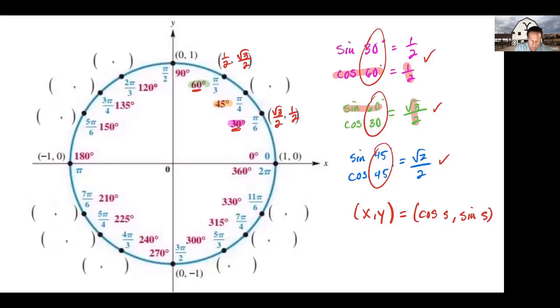Now the easiest one is the one that they share the same, and those are the 45s. That's easy. They're both √2/2. And remember, those all stem from the 30, 60, 90 special right triangle and the 45, 45, 90.